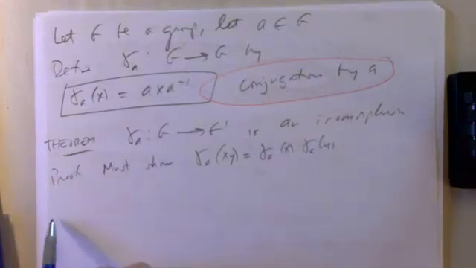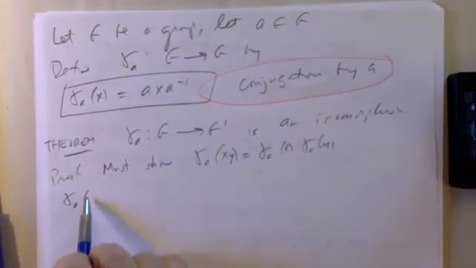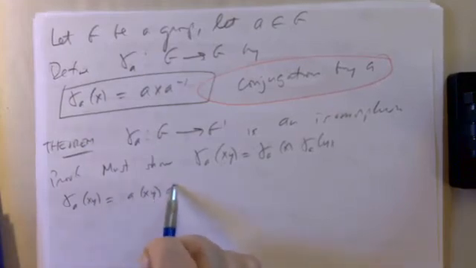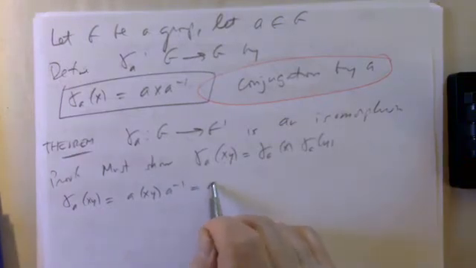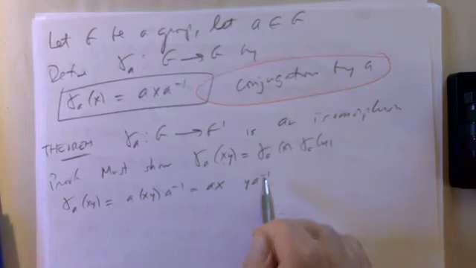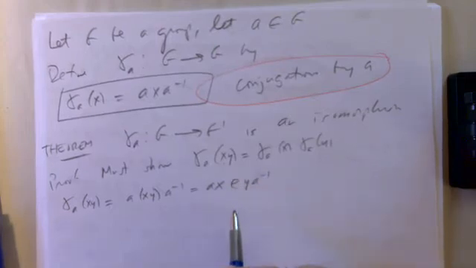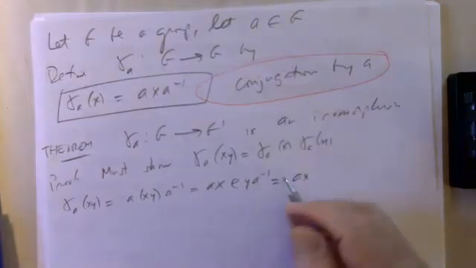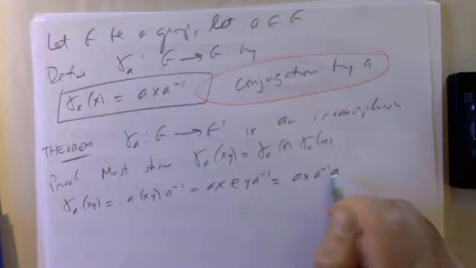So what is gamma sub a of xy? That's a xy times a inverse. So this is a x times y times a inverse. I can certainly put the identity in there. You can always multiply by the identity. But the identity can also be written as a inverse times a.